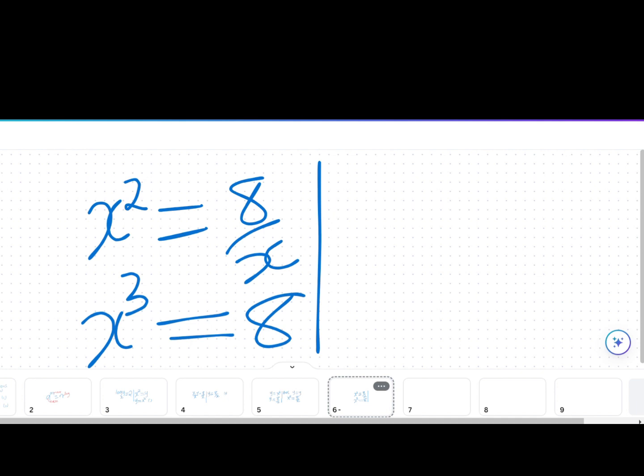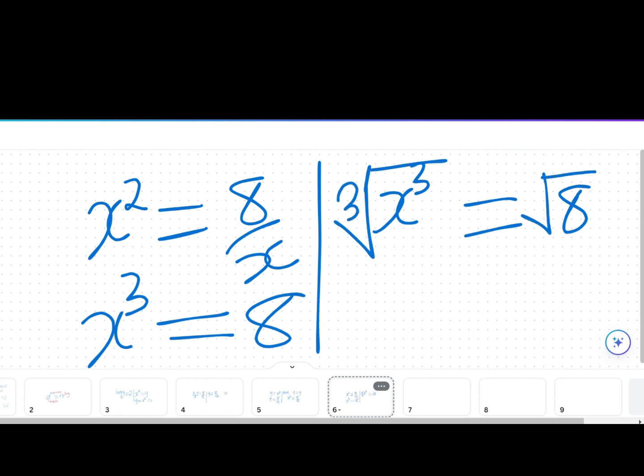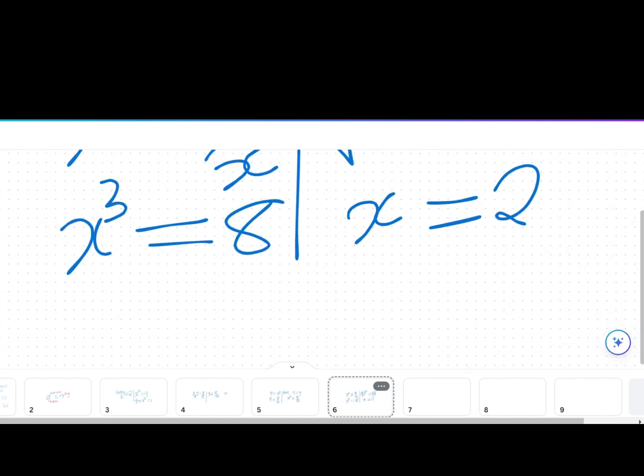For us to find x, we cube root the left hand side and also the right hand side. The cube root of x cubed is x, and the cube root of 8 is 2. So x is equal to 2.